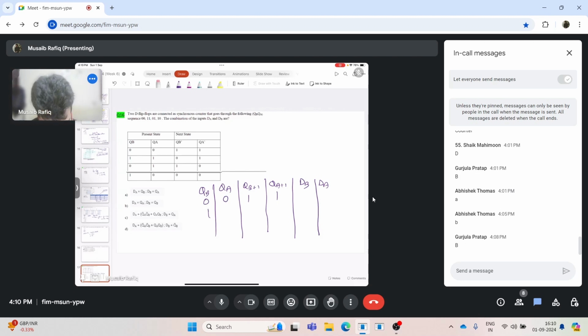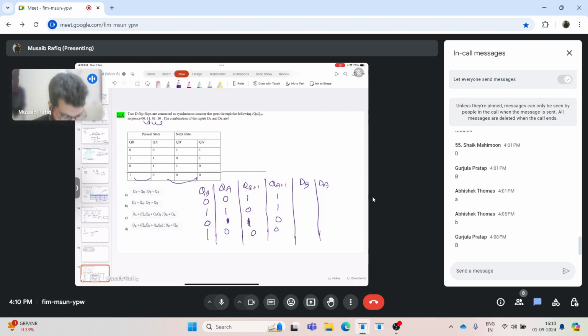So QB QA is 0 0, then my next state is 1 1. Now QB and QA are 1 1, and my next state is 0 1. When the present state is 0 1, the next state is 1 0, and when it's 1 0, then my next state will be 0 0, right?